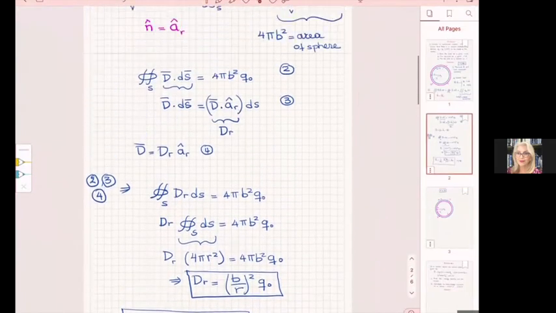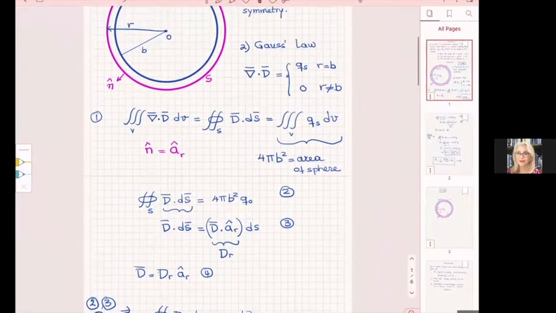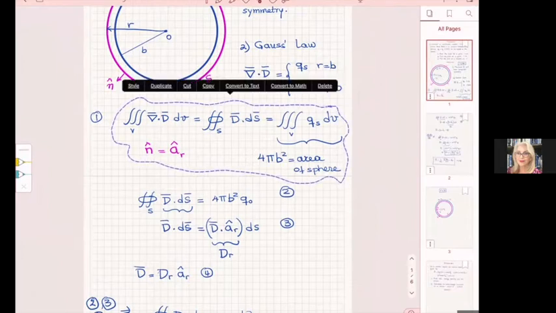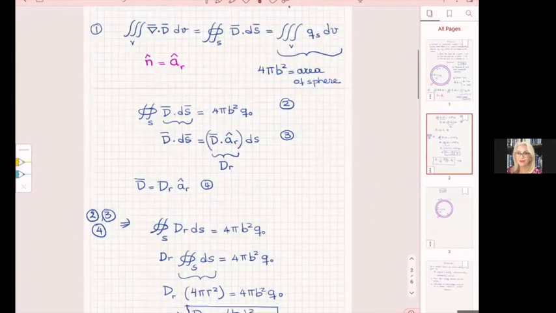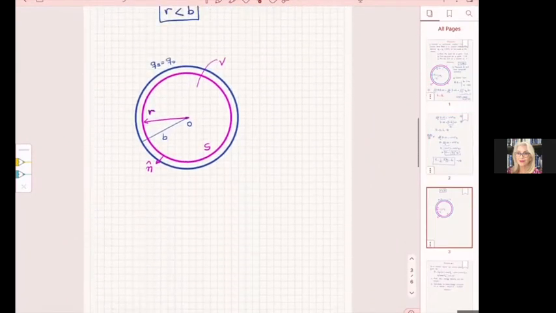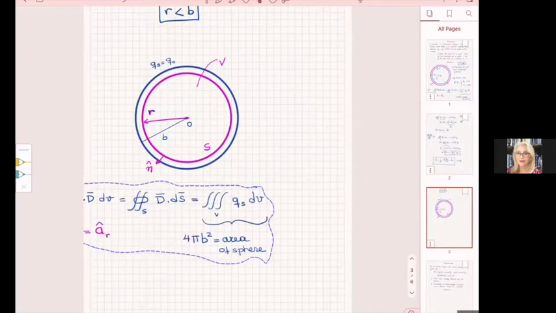So let's see what happens to these equations. So I'm taking this equation here and see how I will have to modify it. Copy. Because Gauss's law still applies.